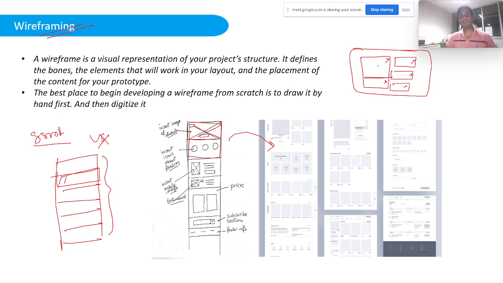Later you will go and detail out what will be inside this particular box. So this framing of the individual layout for each of the elements as well as interaction trigger elements is what is determined during wireframing. So this is a rough estimation of various features and functionalities. And once you finalize your hand-drawn wireframes, then you digitize those into something more concrete.